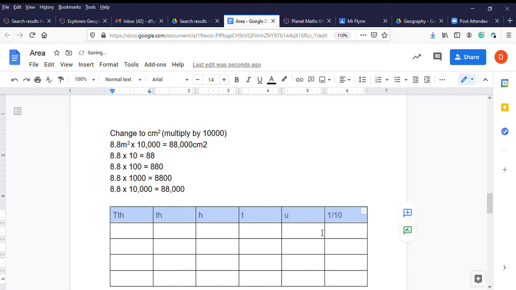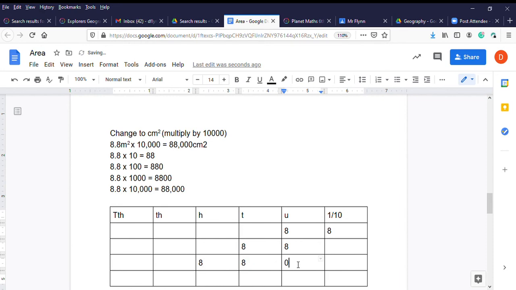Okay, fantastic. The first thing we're going to do is multiply by 10. So we have 8.8 multiplied by 10, shift both numbers one place to the left, which gives you 88. Multiplying by 100, shift both numbers 2 places to the left, 880. It's important that you include a 0 there.